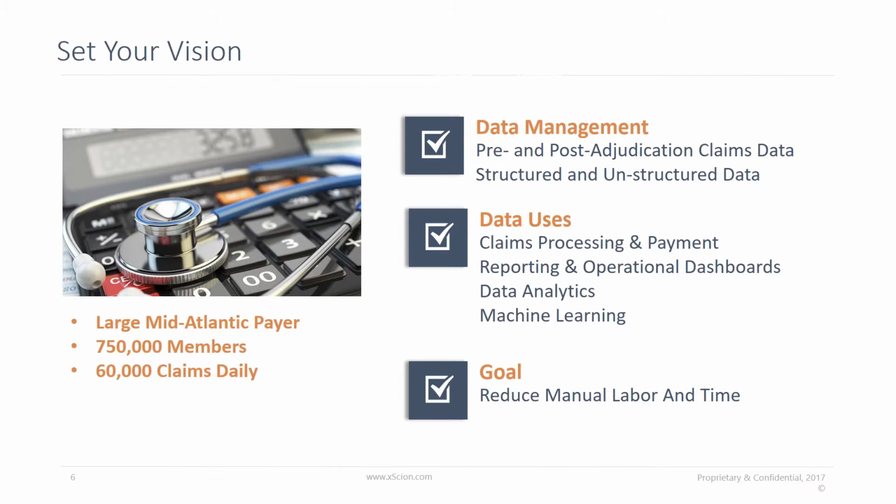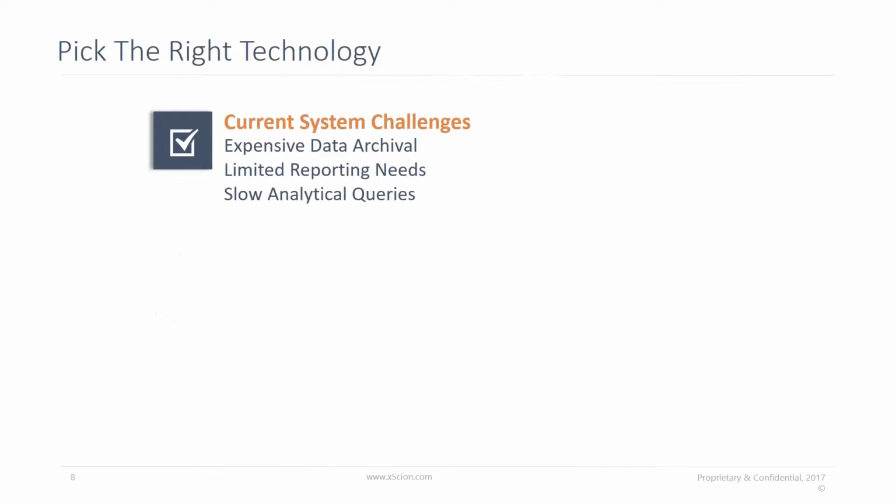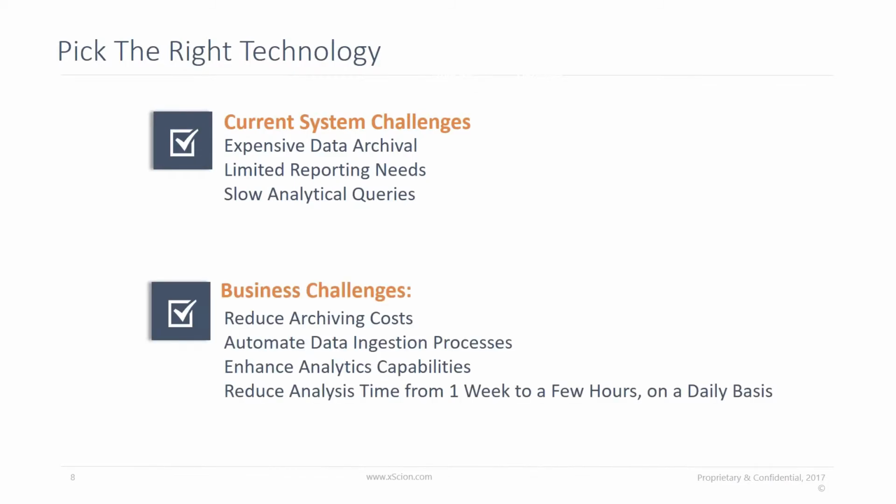First one being data archival. This certainly can be done in traditional way using your enterprise data warehouses, but the hardware and licensing is quite expensive, and making the data available as it happens to business users in a meaningful way is pretty difficult. The second being reporting needs.